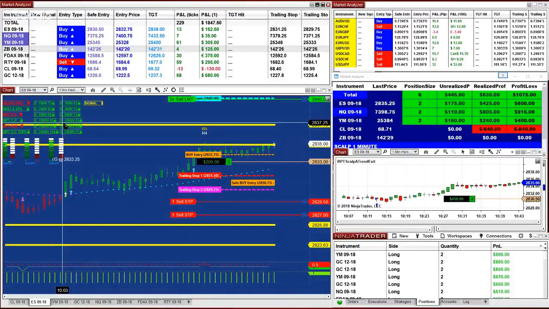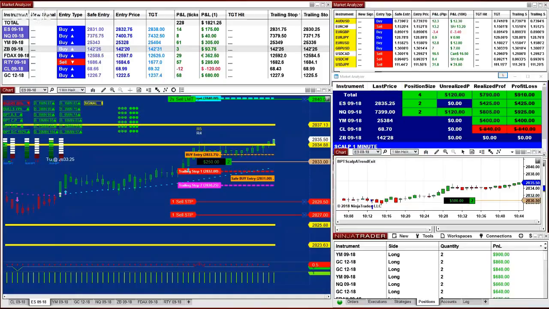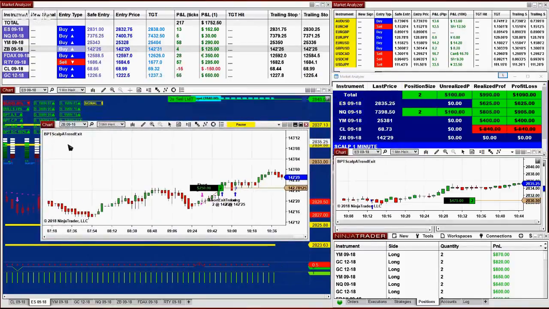The reason is, now I'm okay, I can move this one here. Look at this. I have the 30-year Treasury bond in a long position, and I have the ES in a long position, and they're both making money.